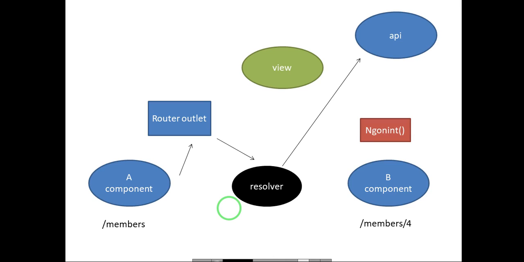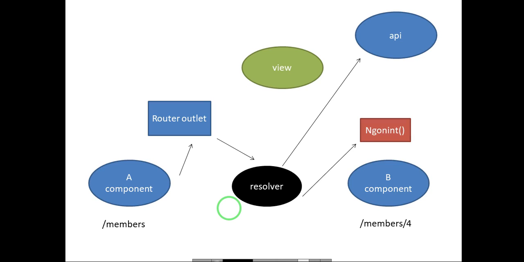For example, if we don't have data and we don't want to show it to the user, we go back to A component. But imagine we have data and we want to go to B component. So in ngOnInit, we get this data from the resolver, but because we don't call an async method or observable, we don't have this trouble of rendering the view.